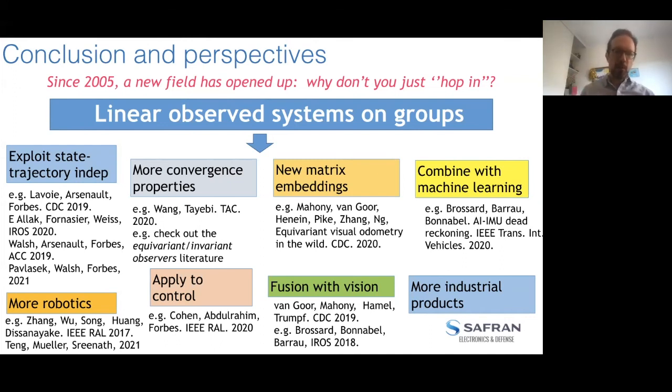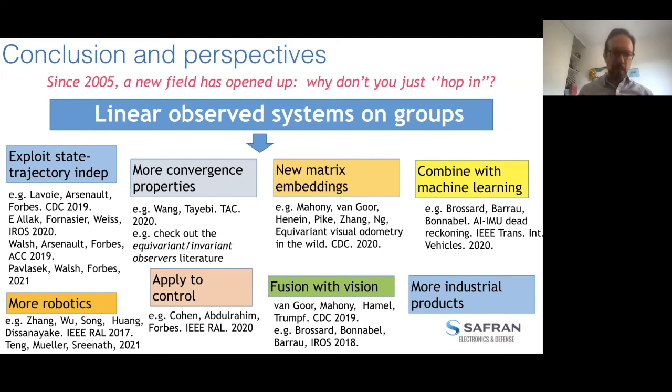Of course, more convergence properties, so you use those to derive theoretical convergence properties of observers. Of course, new matrix embeddings, because as you have realized, part of the job is to find the right matrix embedding that makes the original equations a linear system on group.